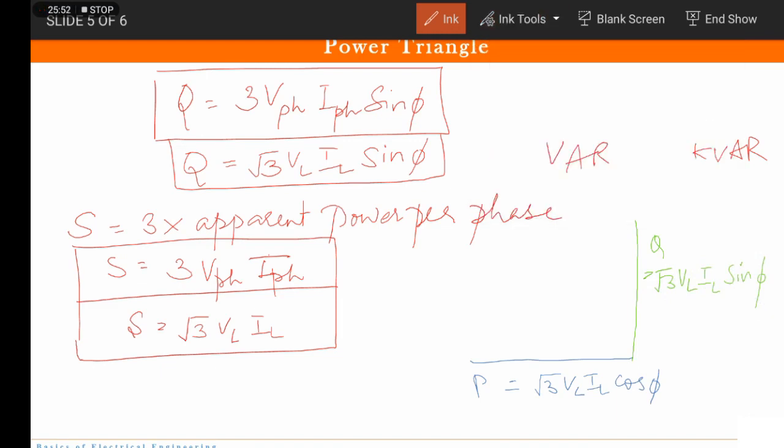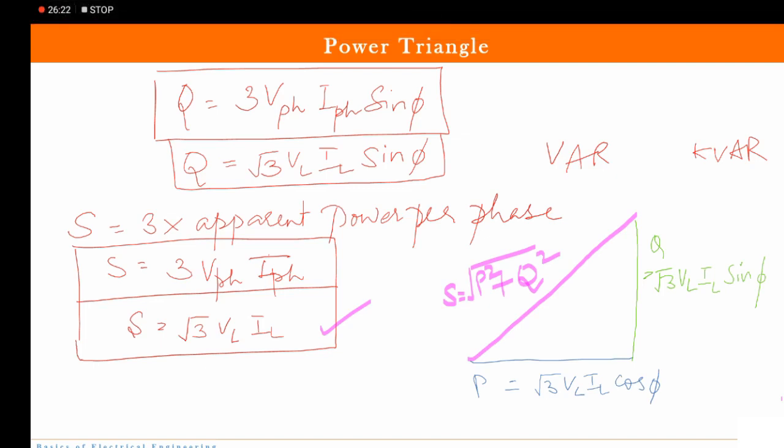And what will be the resultant? Resultant is going to be S, which is equal to square root P square plus Q square, and we have already written this. And if you square root this, you know that you will get sin square phi plus cos square phi. And what is the value of sin square phi plus cos square phi? It is 1. Fine. I hope you understood the power relation in three phase.